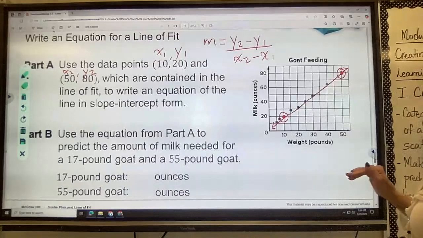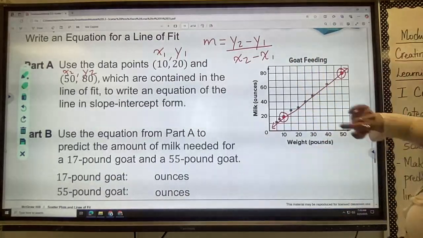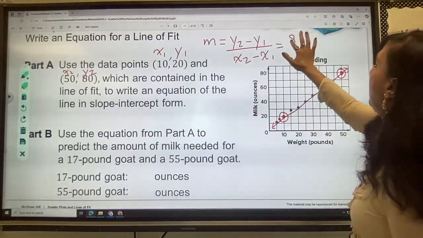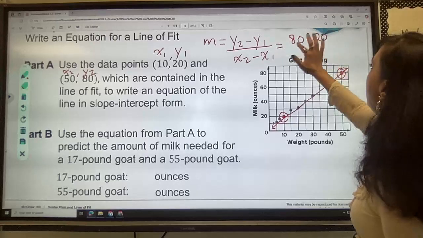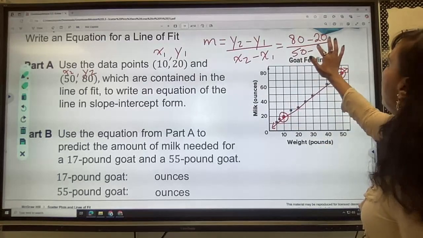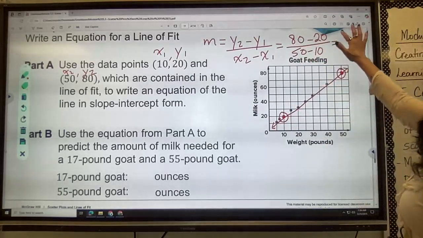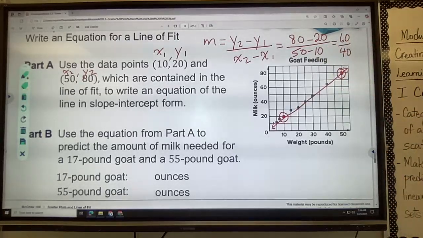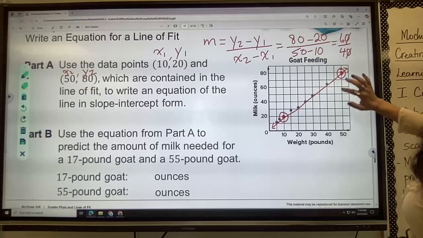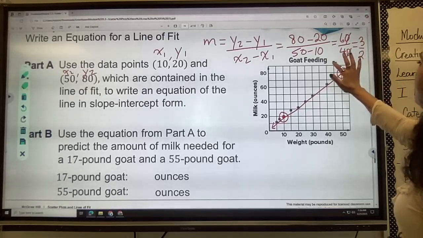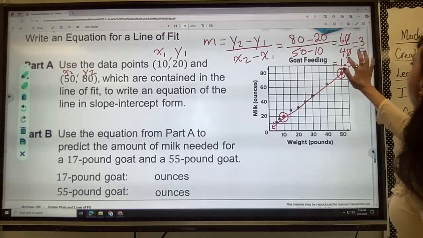So y2 is 80 minus 20 over 50 minus 10, and I get 60 over 40. When I simplify, I get 6 over 4, which is 3 over 2, so my slope is 1 and 5/10.